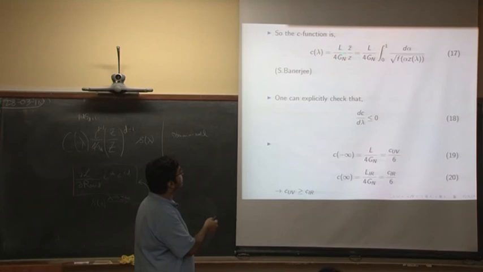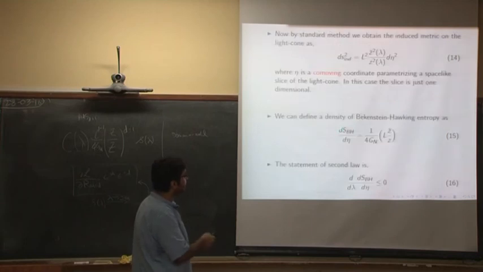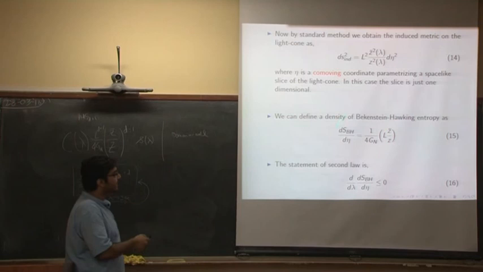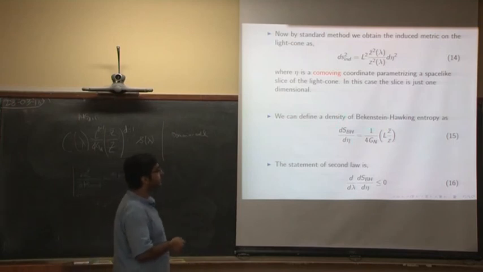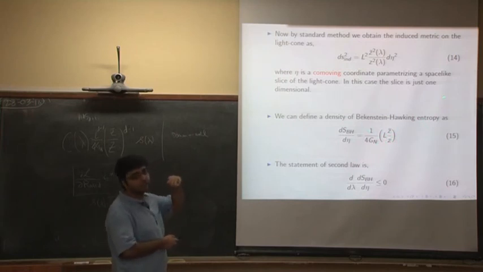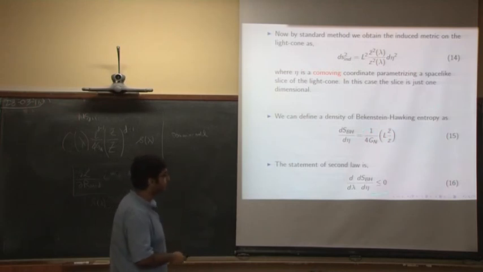This is exactly this z bar over z. So now I define my C function as this thing, dS Bekenstein-Hawking divided by d eta, which is 1 over 4 G Newton times L z bar by z. So that's my C function. And the statement of the second law is that this quantity is decreasing, or say increasing, if evaluated on different spatial slices.